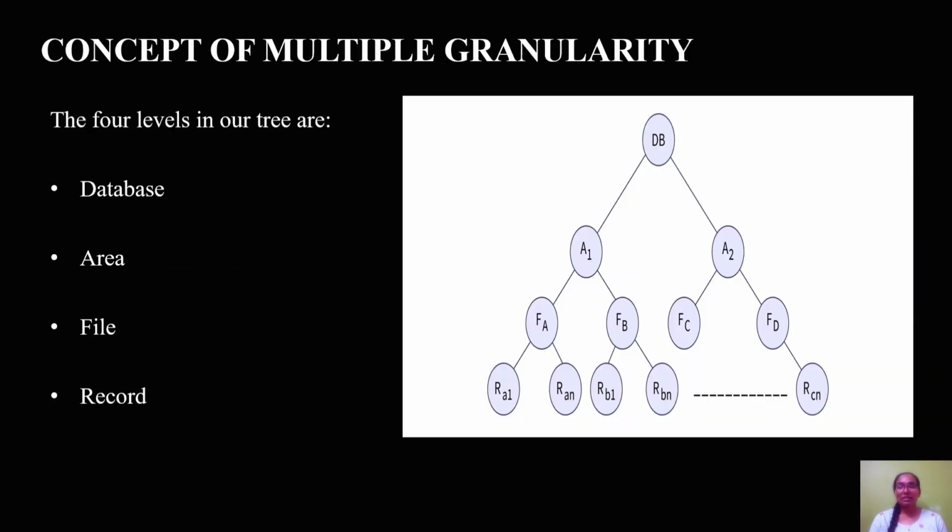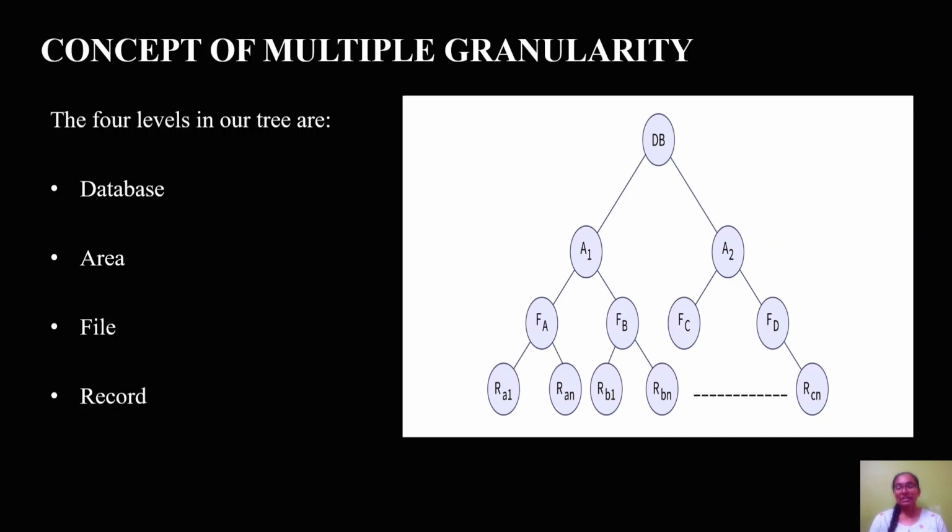Let's understand the concept of multi-granularity with the example of a tree. Here there are four levels, that is database, area, file and record. The first level of the tree, that is the root, is the database, which contains several tables as well as the records.